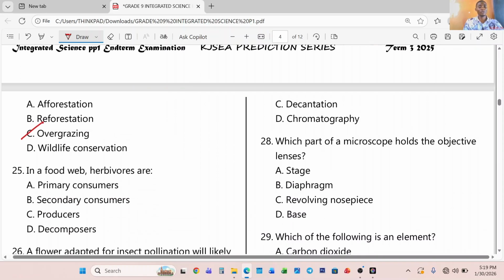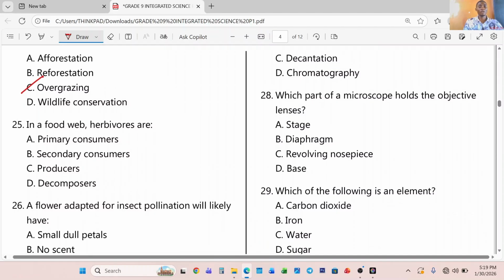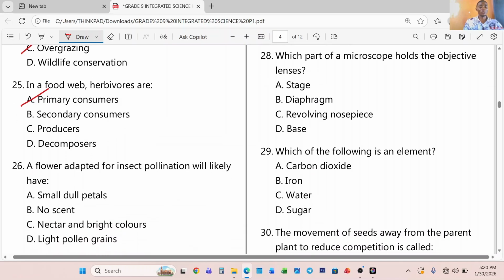Question 25. In a food web, herbivores are always the primary consumers because they feed directly on the producers. Those are the green plants. So they are either grazers or browsers. So the correct answer is A. Question 26.